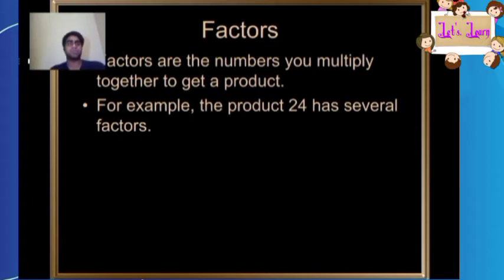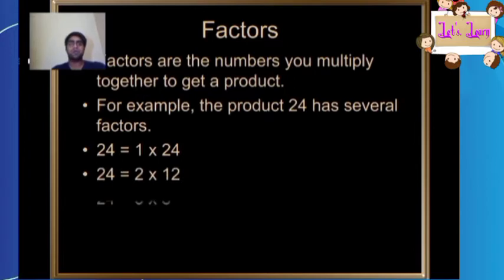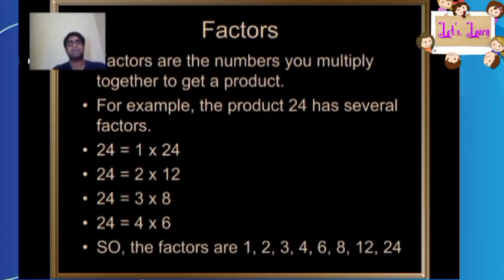Let us find the factors of 24. We can write 24 as 1 into 24, 2 into 12, 3 into 8, 4 into 6. Any more? No. So all these numbers are multiplied together in pairs to get 24, and hence these numbers are known as the factors of 24: 1, 2, 3, 4, 6, 8, 12, 24.